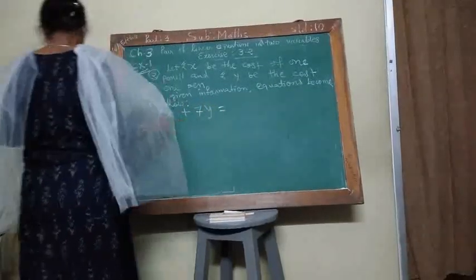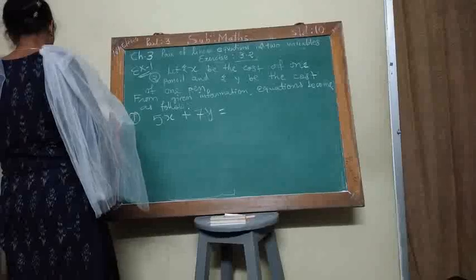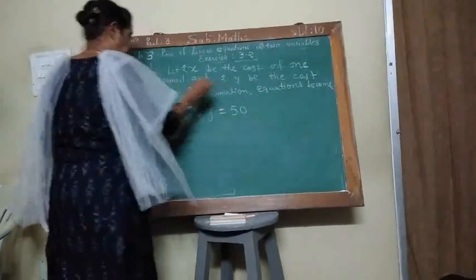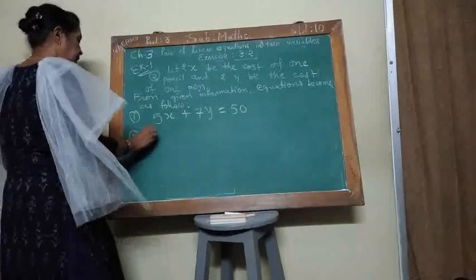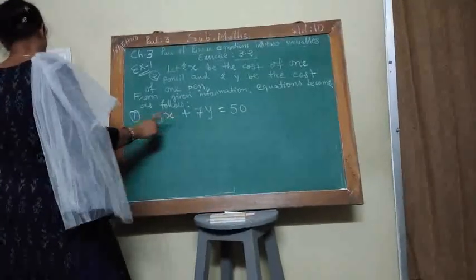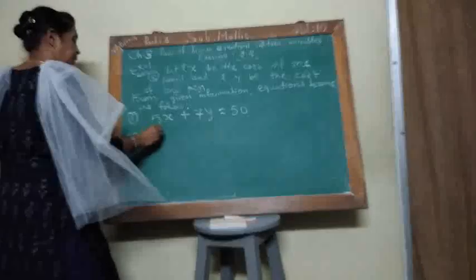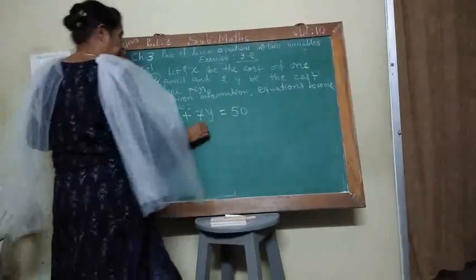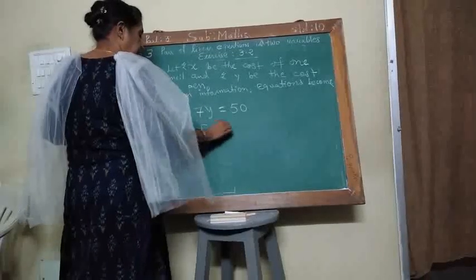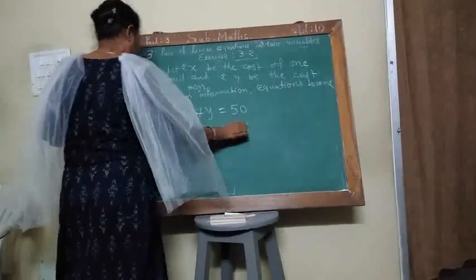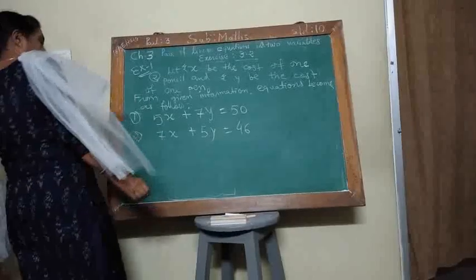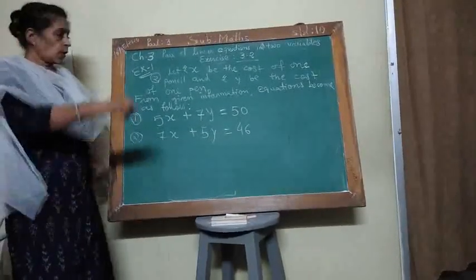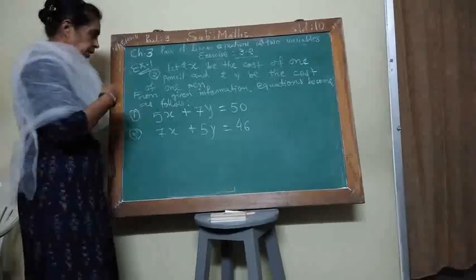And the total cost is given: how many rupees? 50. Second equation: now interchange the number of pencils and pens, 7 pencils and how many pens? 5 pens. The total cost is rupees 46. Okay, so we have formed 2 equations. So answer 1 is ready, the 2 equations.